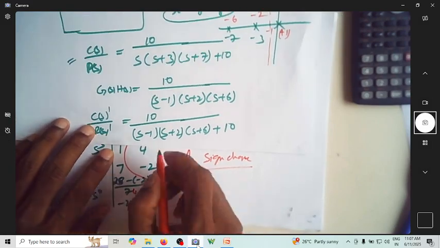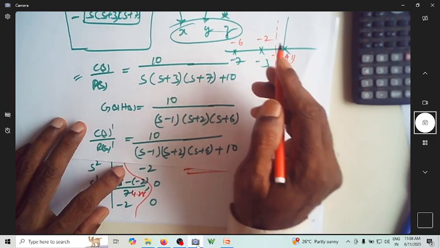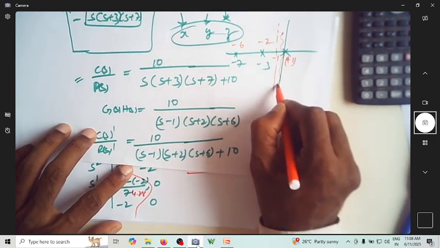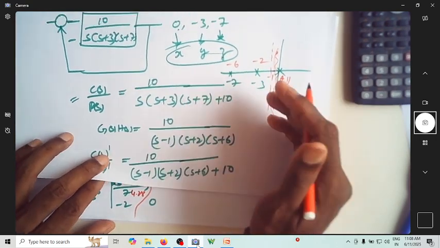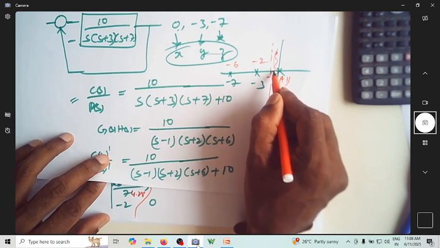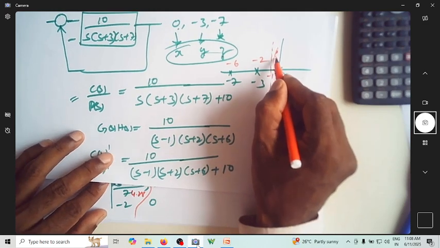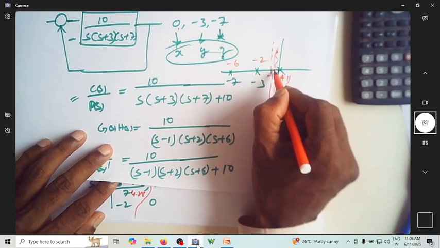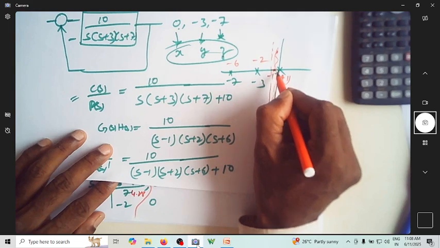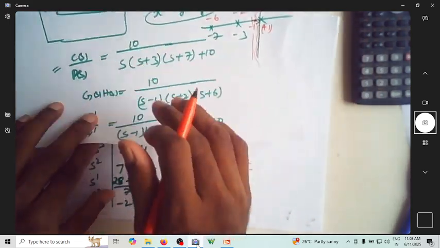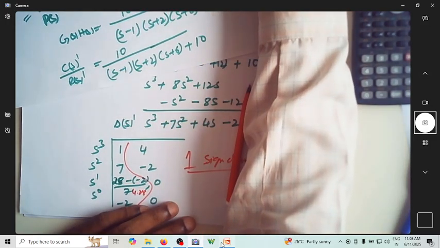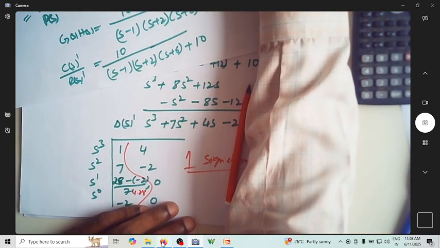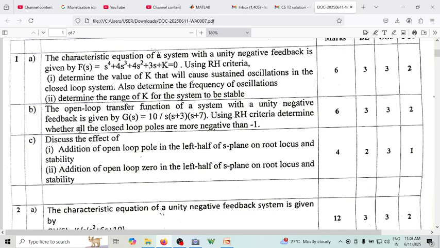Out of these three poles, one is lying to the right hand side of this. It has to be on the real axis, because you cannot have it complex here. So it is somewhere here. What is the answer for this? The question is whether all closed loop poles are more negative than minus 1.